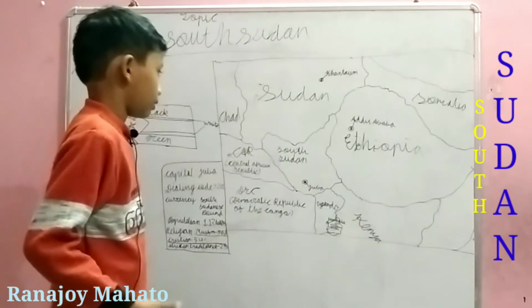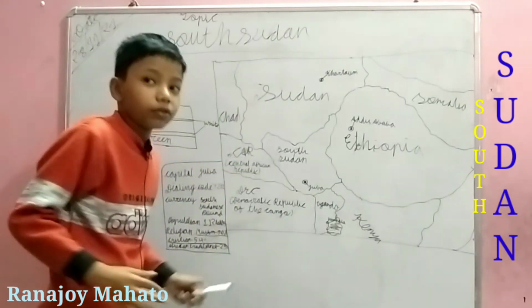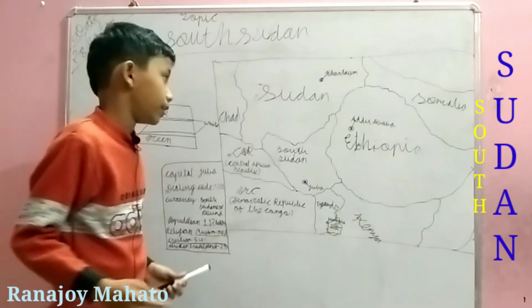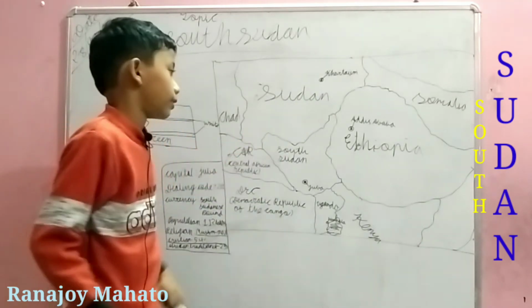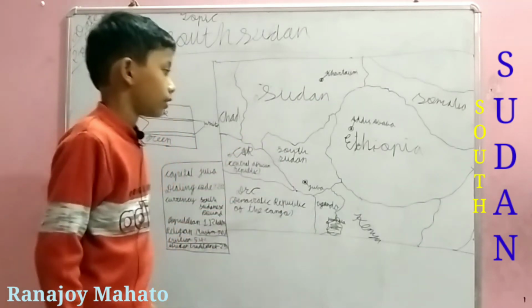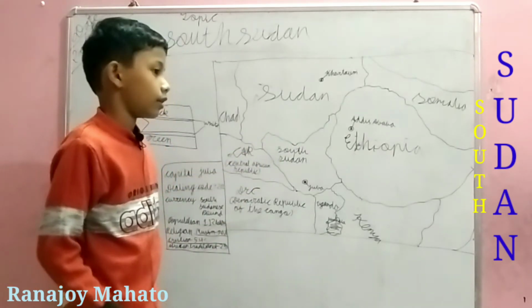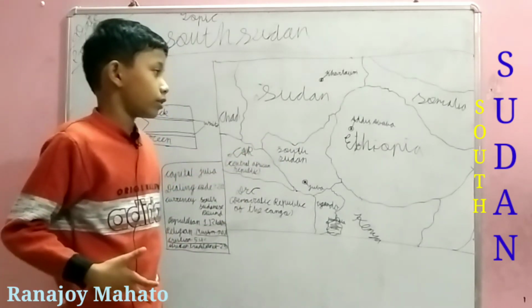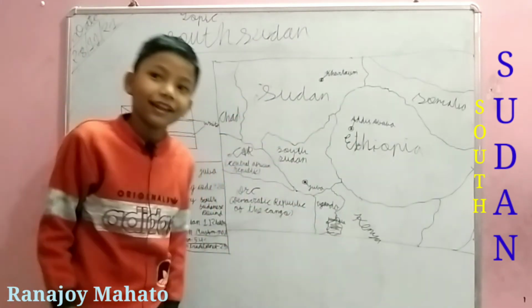And let me tell you, the neighboring countries also have capitals. Sudan's capital is Khartoum, which is right here. Ethiopia's is Addis Ababa, and a fun fact, it is also known as the capital of Africa, the whole of Africa.